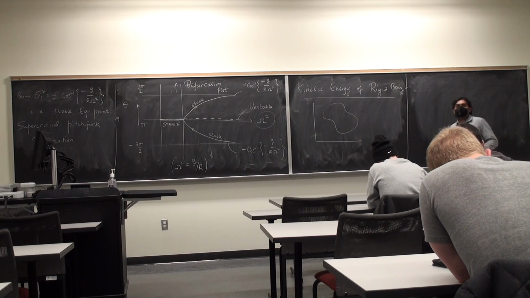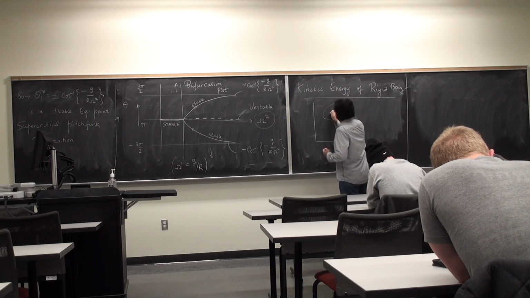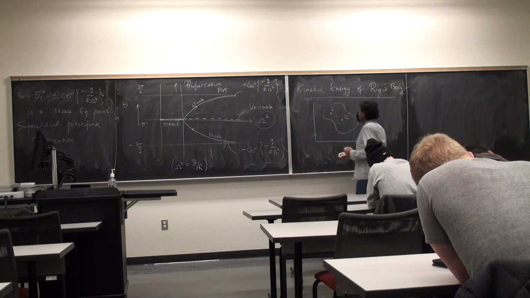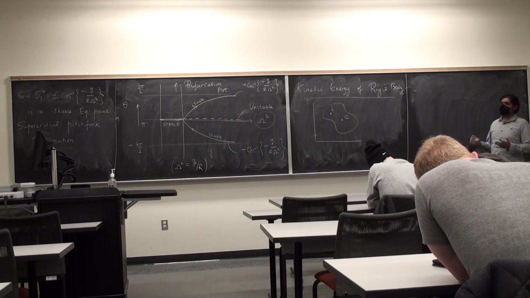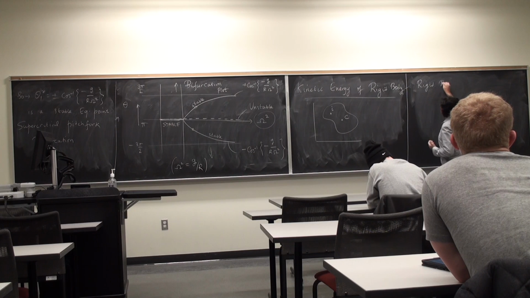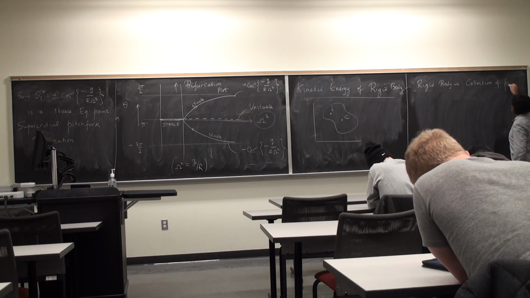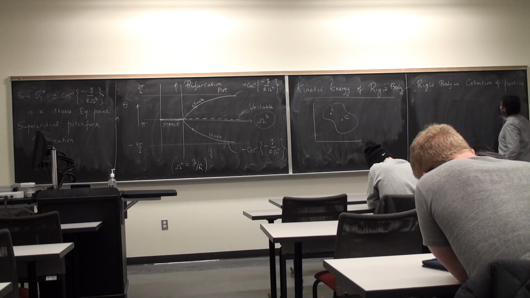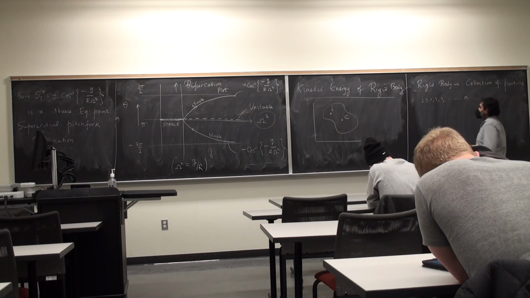I have an arbitrary rigid body, center of mass is C. This little i is the location of the ith particle on the rigid body. We are essentially thinking of the rigid body as a collection of particles, i equal to 1, 2, n. C is the centroid or the center of mass.